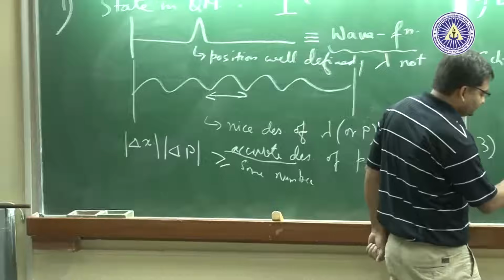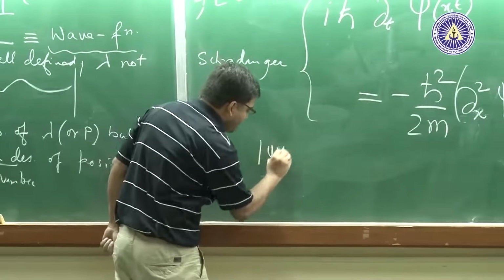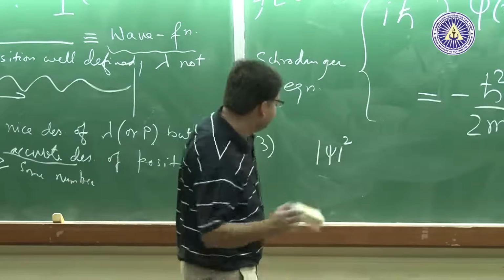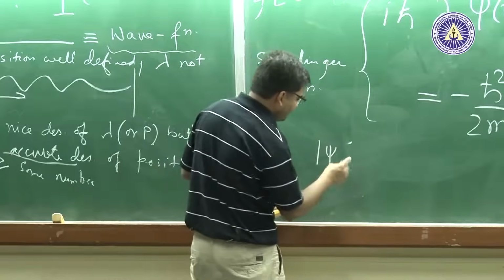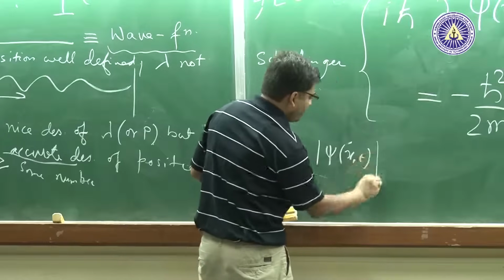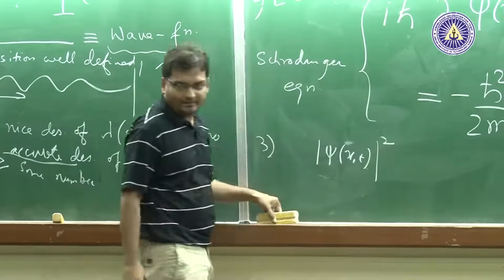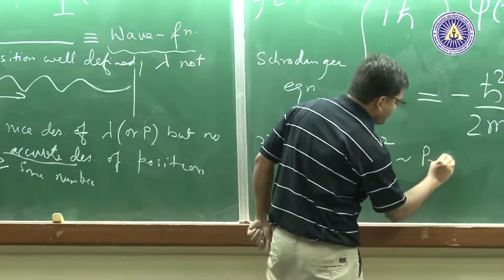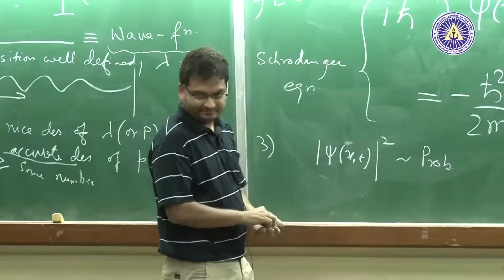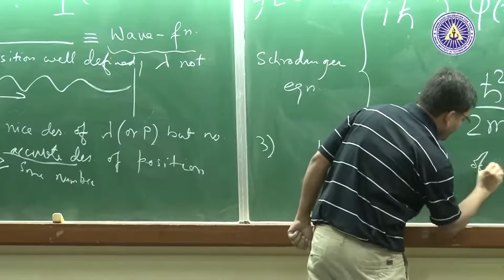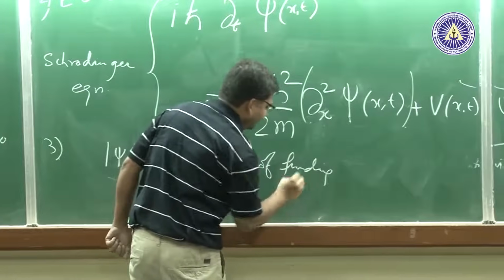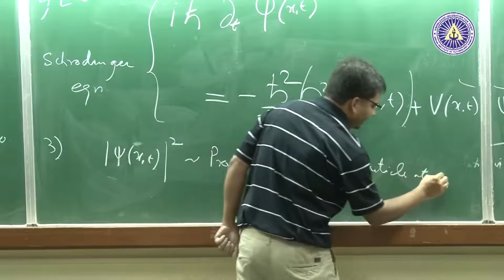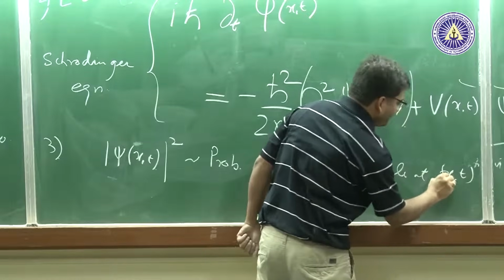So, what I can define is this quantity which is mod psi square, at a given location, let us say, and time, and this defines the probability of finding a particle at a given x and t.